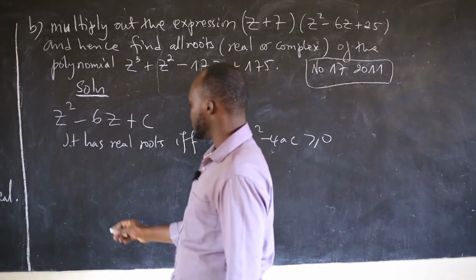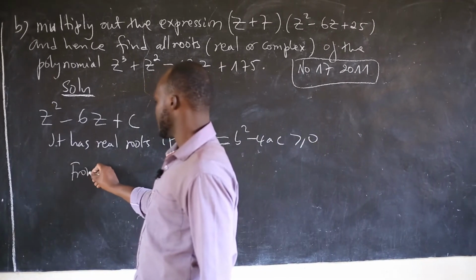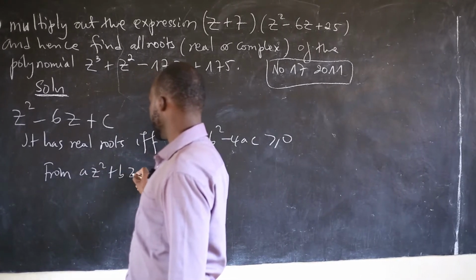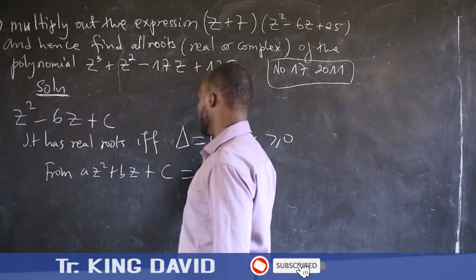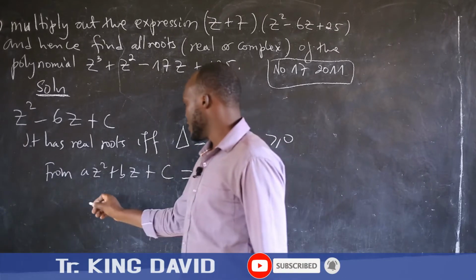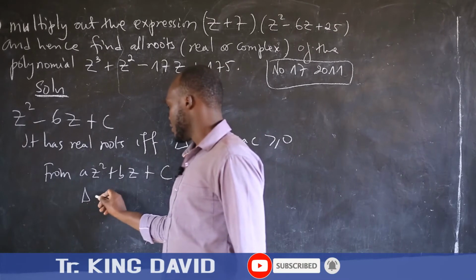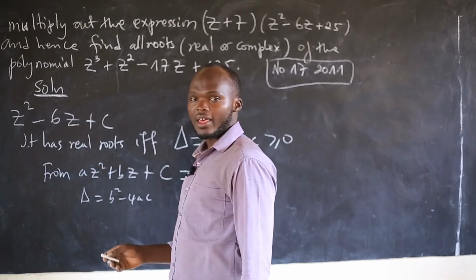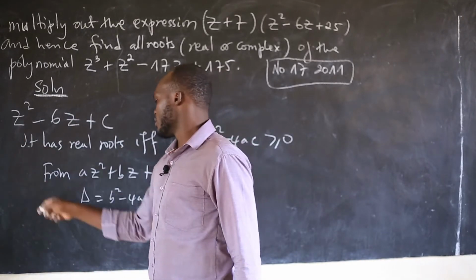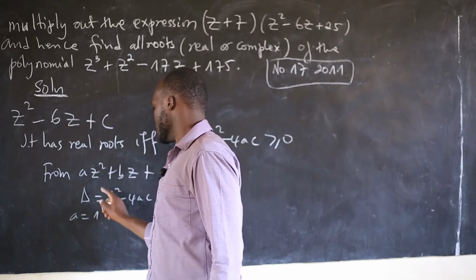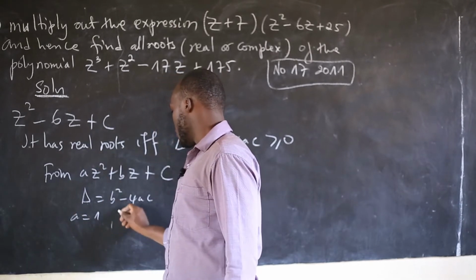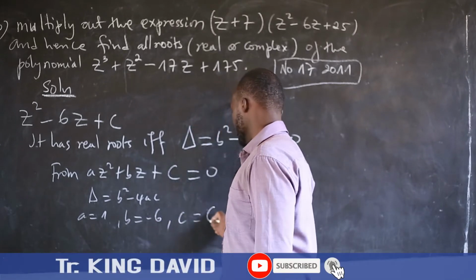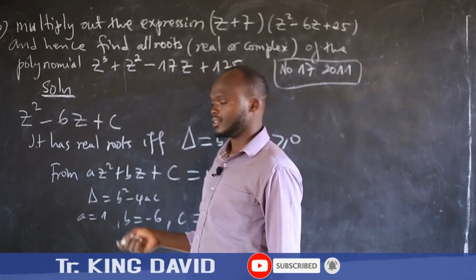So now, when you have az squared plus bz plus c equal to 0, the discriminant is b squared minus 4ac. From there, our a is 1 when you compare this one with that one. Our b is negative 6. Then our c is c. You see, c will be equal to that c.